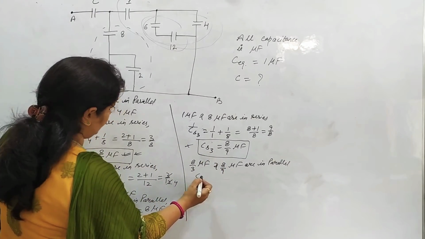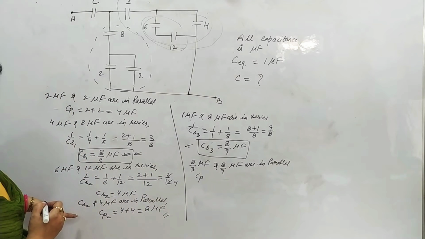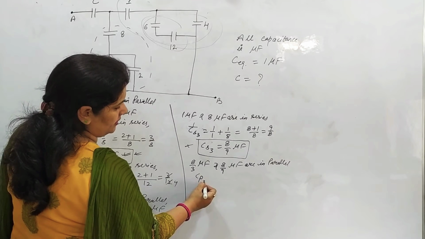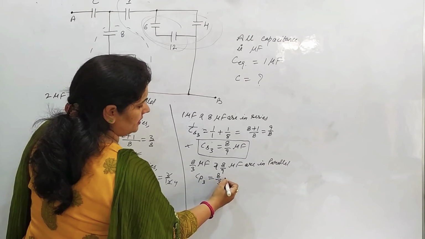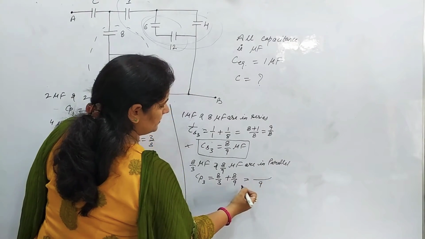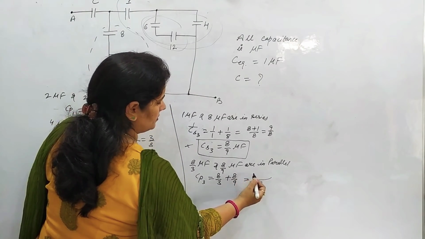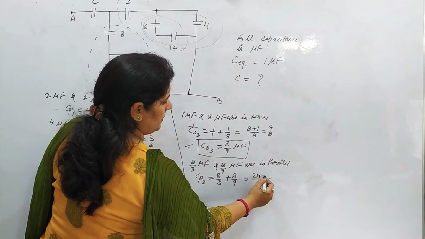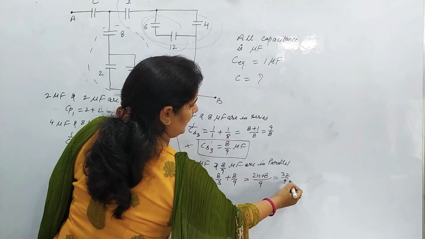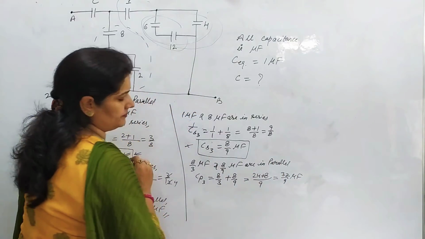So what will be CP1 we have taken, CP2 we have taken. Now we will take this as CP3. So 8/3 plus 8/9. So the answer is 24 plus 8/9. That is 32/9 microfarad. Right?